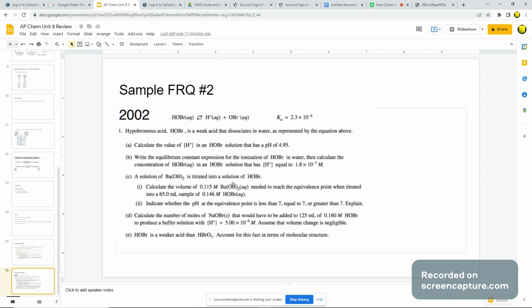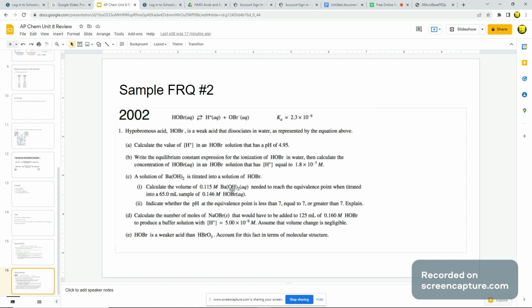Hypobromous acid is a weak acid that dissociates in water as represented by the equation above. Calculate the concentration of H plus in an HOBr solution that has a pH of 4.95. So that's really easy.